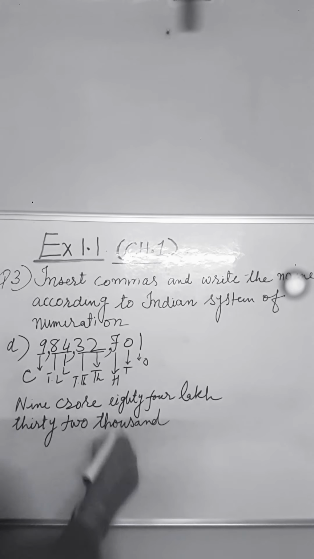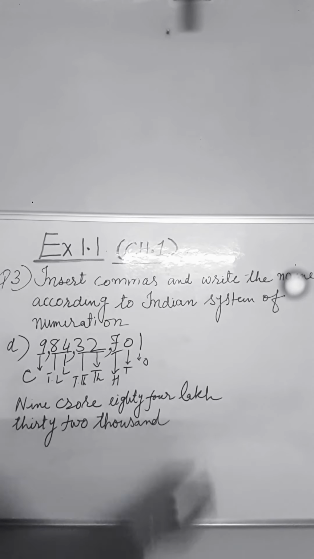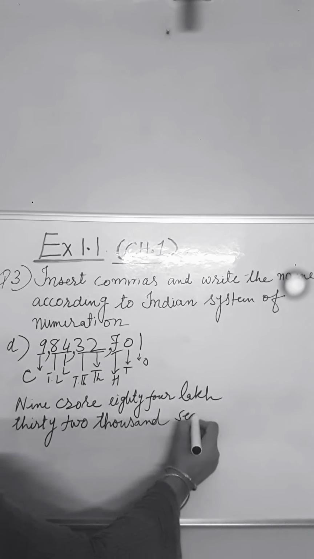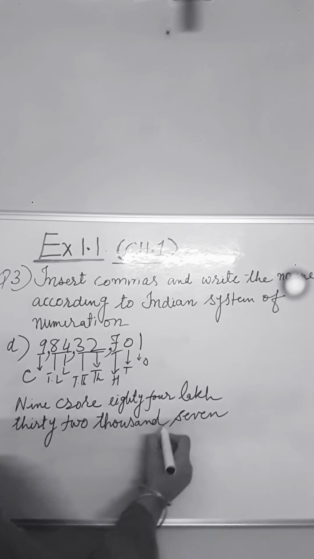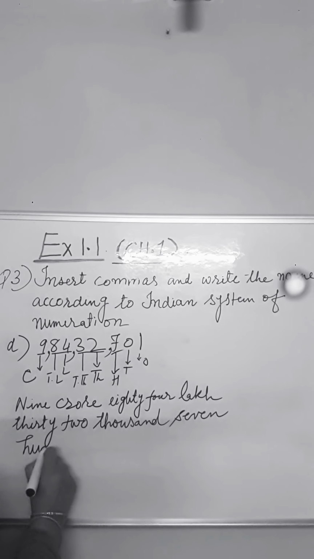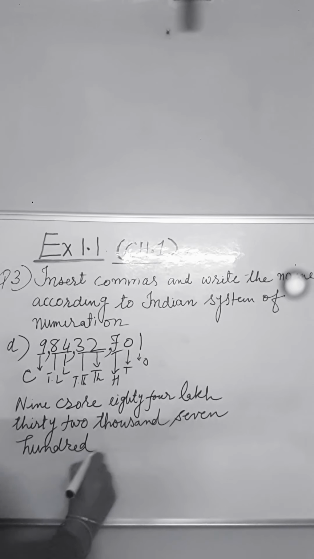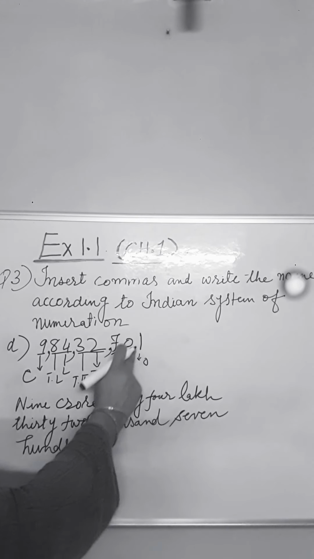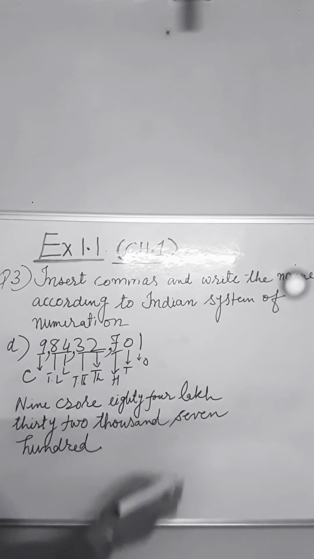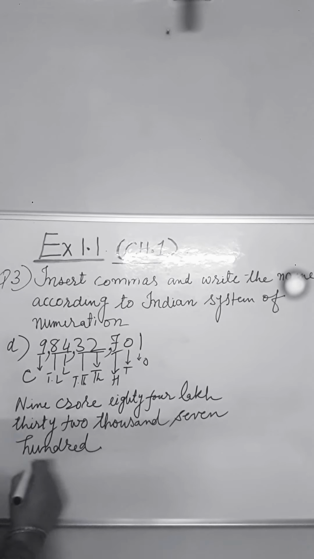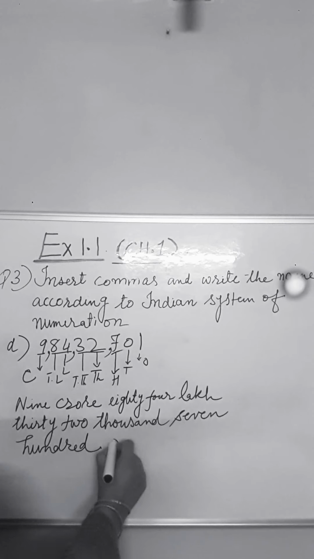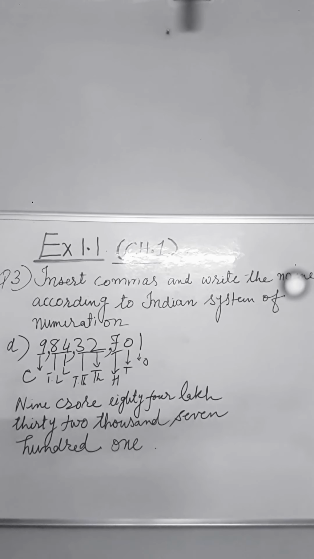And the digit at 100 place is 7, so 700. And at tens place the digit is 0, at ones place the digit is 1, so we will write here 701. So the number is 9 crore 84 lakh 32,701. So we have completed question number 3 of exercise 1.1 chapter 1.